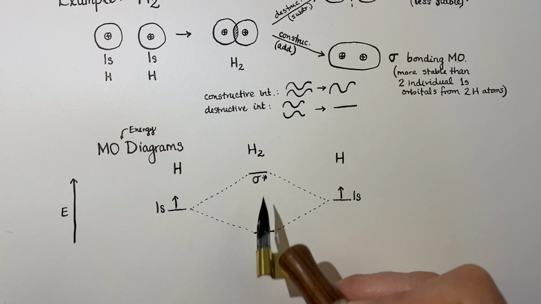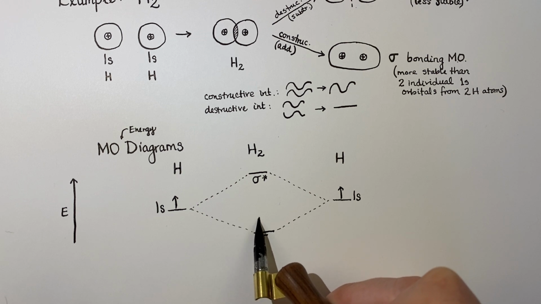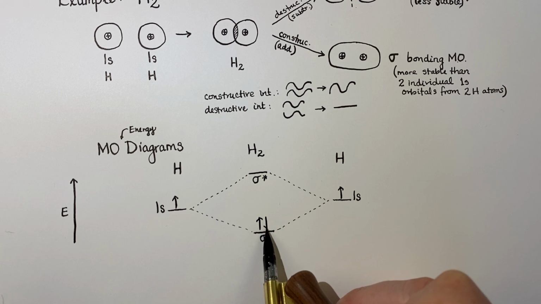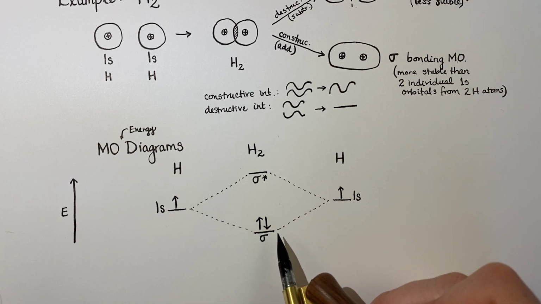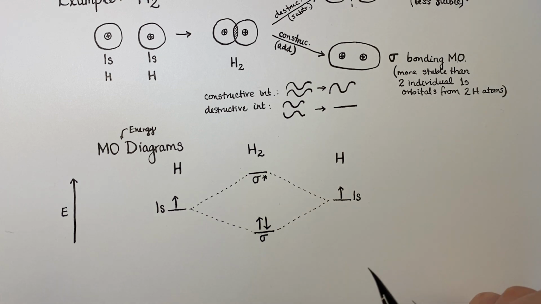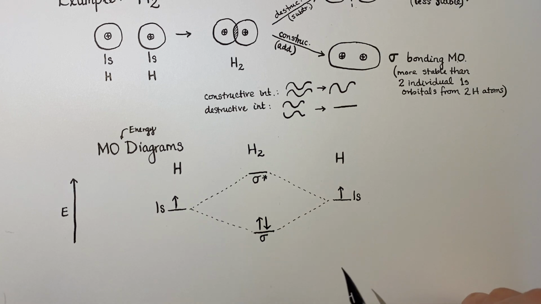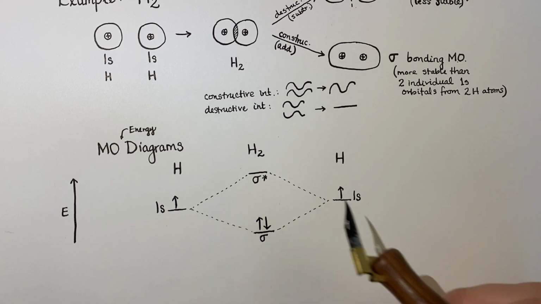One of those rules is the Aufbau principle. The Aufbau principle says that you always fill the lower energy orbitals first. Aufbau, from German, building up. So you put those electrons into the lowest energy orbital. Alright, so here is our MO diagram for H2.